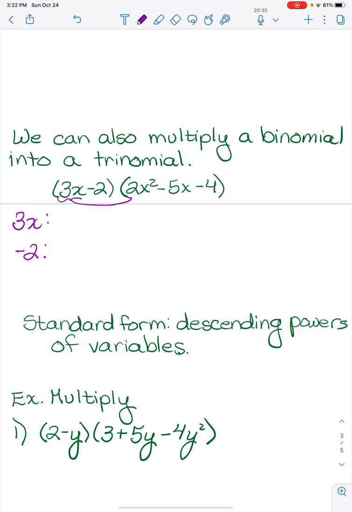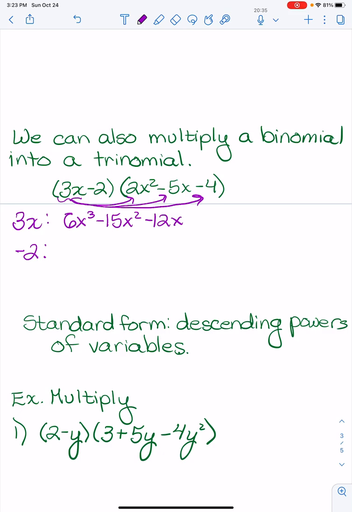3x times 2x squared is 6x cubed. 3x times -5x is -15x squared. Don't forget that you're multiplying those coefficients. 3x times -4 is -12x. Now I'm going to distribute my -2, and I'm going to line up my like terms.